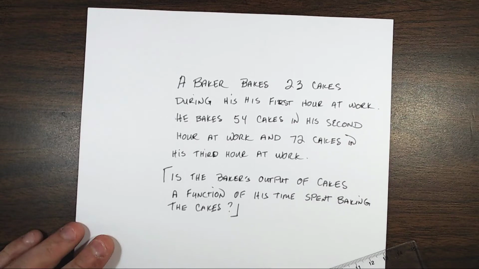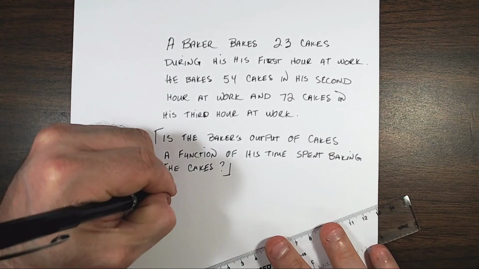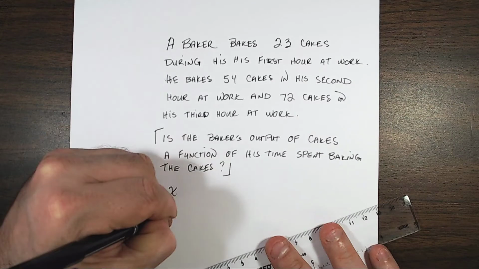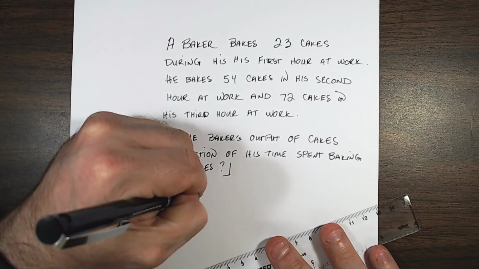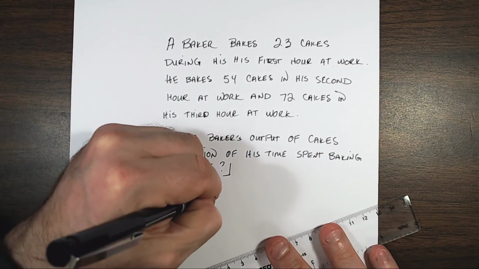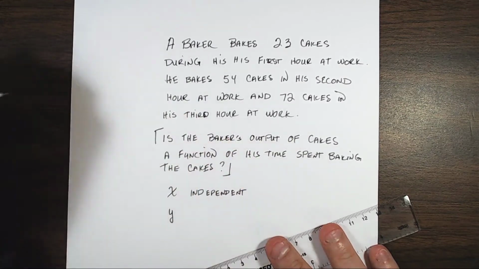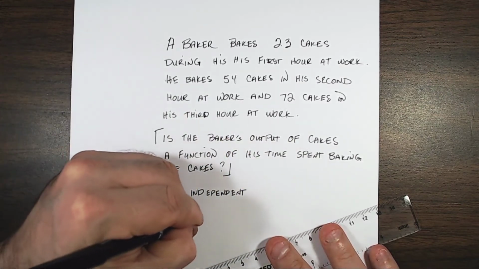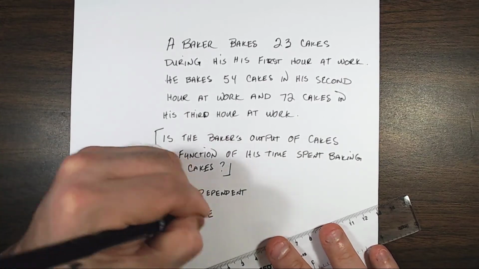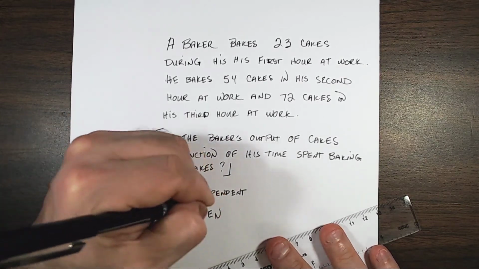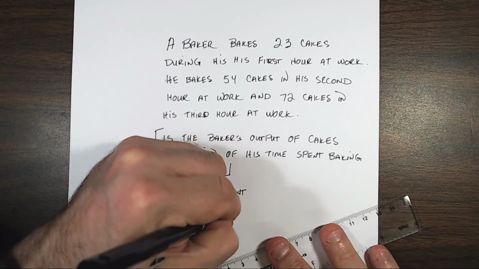Okay, so first we need to identify what our independent and dependent variables are. So the x is the independent variable, and y is the dependent variable. So what depends on what? Does cake depend on time, or does time depend on cake?